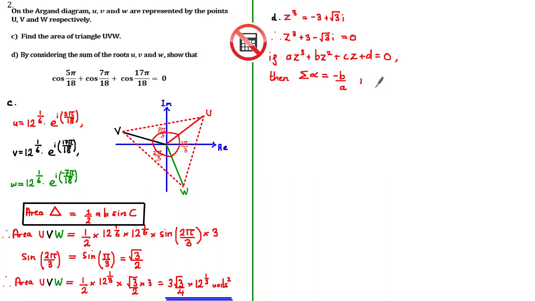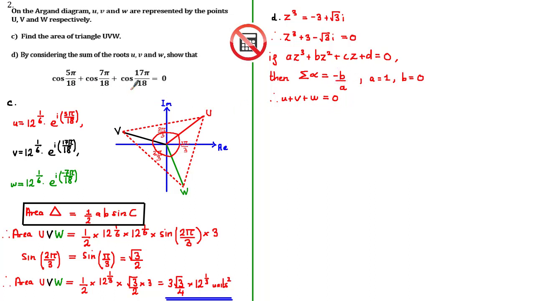But here we have that a is equal to 1 and b, well, there is no z squared term in this cubic equation, and therefore b is equal to 0. And so it follows that the sum of roots that we found for this equation, u plus v plus w, must be equal to 0, as minus b over a would be equal to 0.